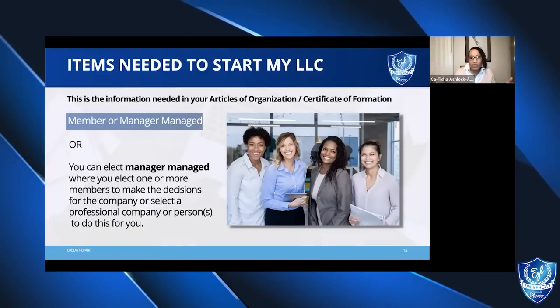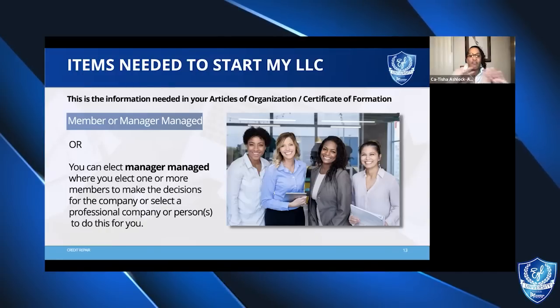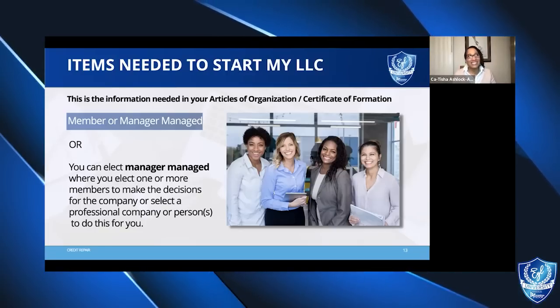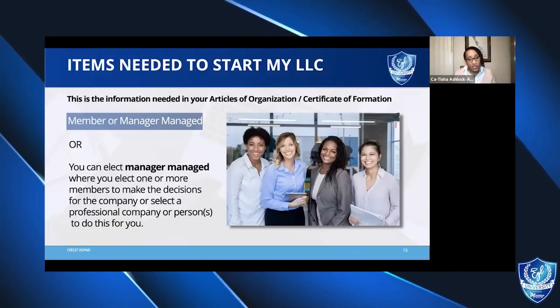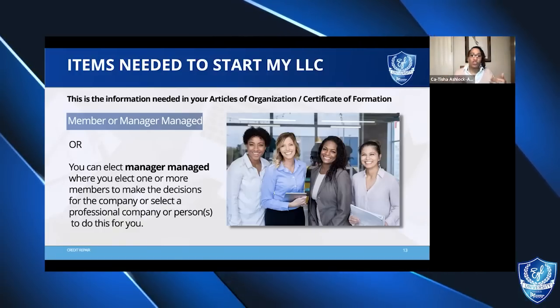Be careful who you elect to be in this position, because they have control over everything: the finances, all the legal matters, signing contracts, buying assets like property, and hiring employees. So definitely make sure that when you're structuring this out, you think about all those things.